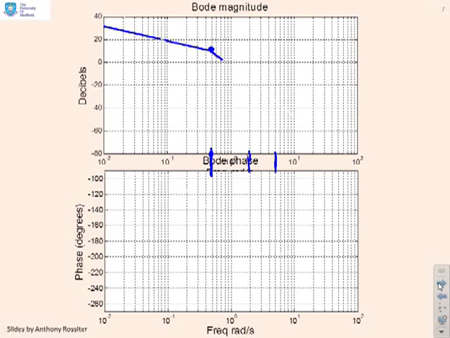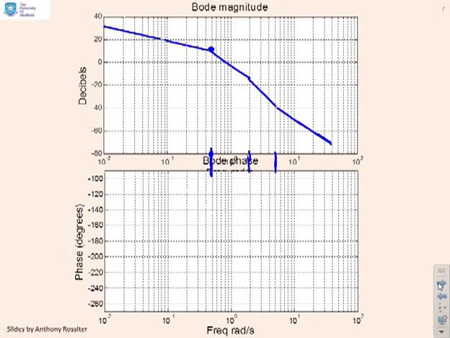If I follow that down, 40 decibels per decade, and then we went down at about 60 decibels per decade till about 5, and that's getting quite difficult to mark, and then back to 40 decibels per decade. So roughly speaking, that's what my Bode diagram is going to look like.